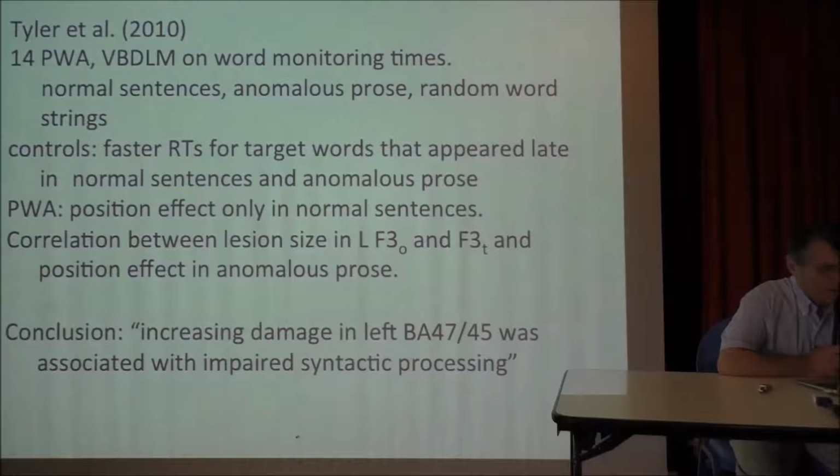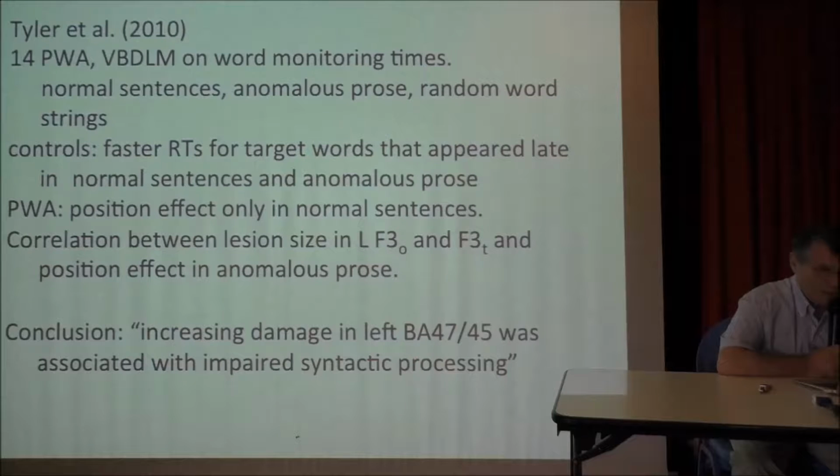Tyler studied 14 patients with aphasia on a word monitoring task where people have to identify a word in a stimulus. The stimulus is either a normal sentence, anomalous prose, or a random word string. The measure of syntactic processing is the distance effect in anomalous prose.